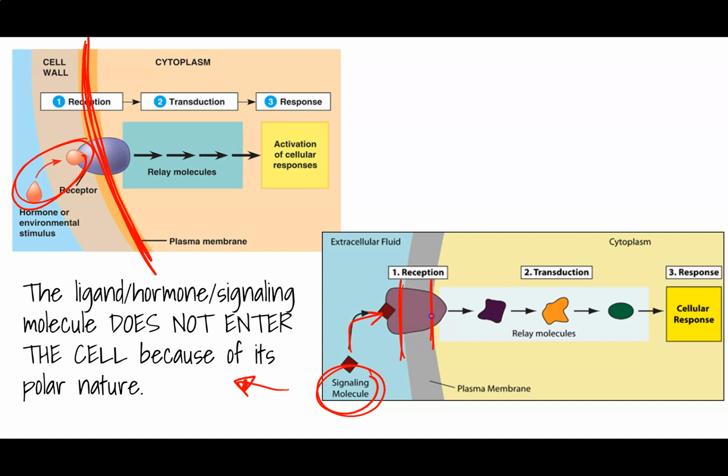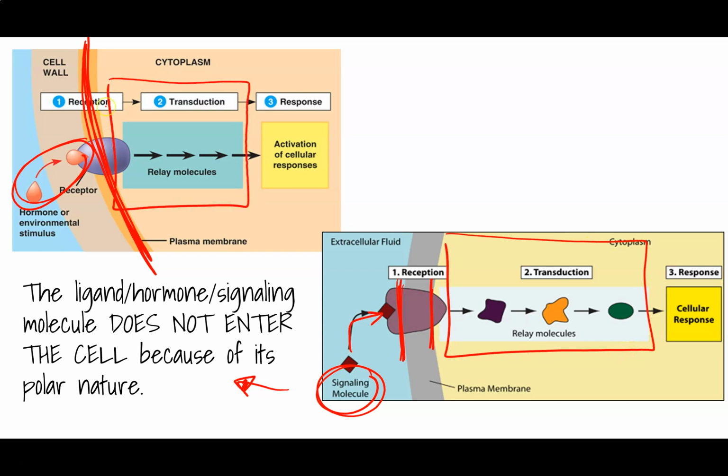There is the receptor built into the cell membrane, so you know that these are proteins. Now, in both scenarios, that's going to trigger this transduction or this cascade that will happen inside of the cell. But the molecule itself does not get in. That is extremely important. And in both cases, there is some sort of cellular response.